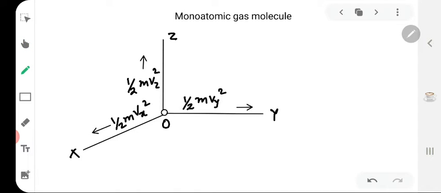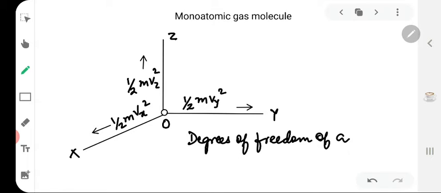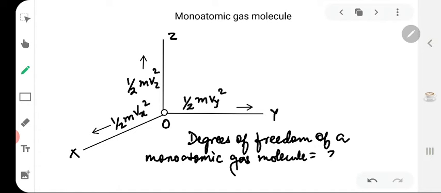So, we may say that degrees of freedom of a monoatomic gas molecule is equal to 3 plus 0, that is equal to 3, which is the same as we had calculated earlier.